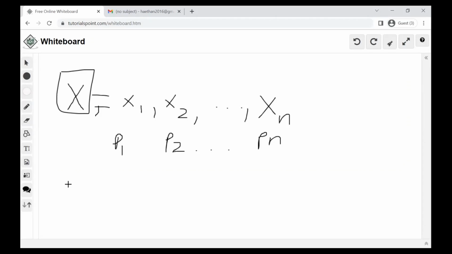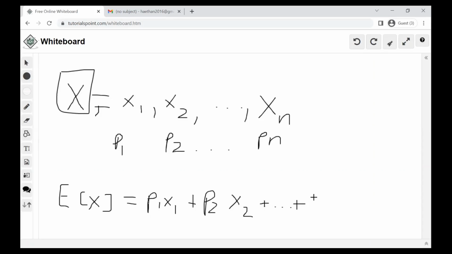So then the expected value of x, which I'll denote as E of x, I'm pretty sure this is the standard notation, is going to be equal to p1 x1 plus p2 x2 plus all the way to pn xn.